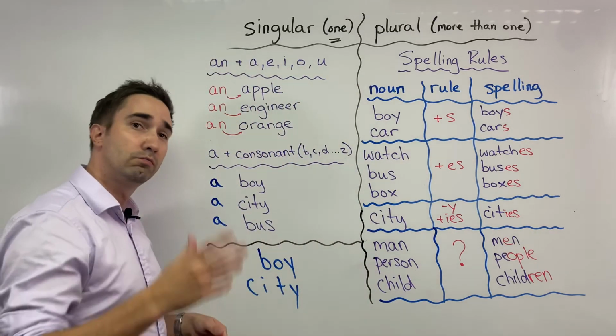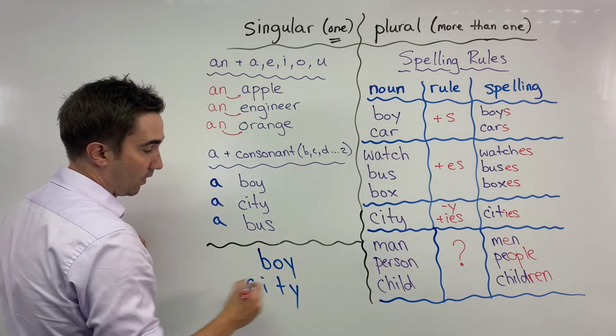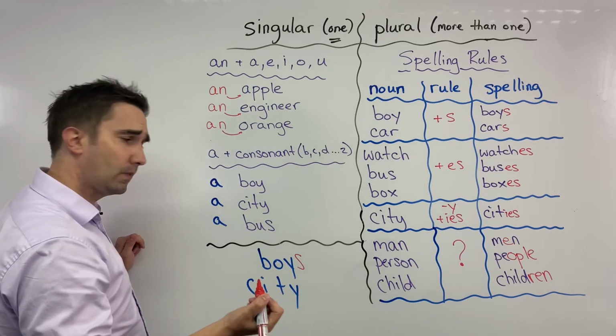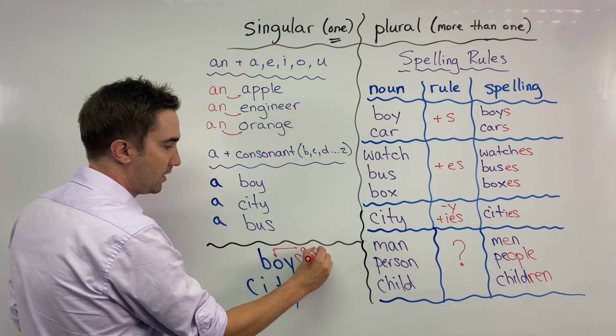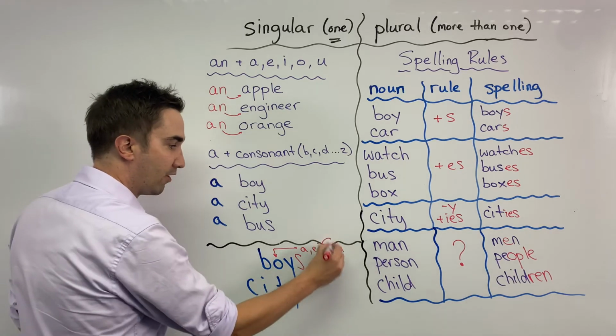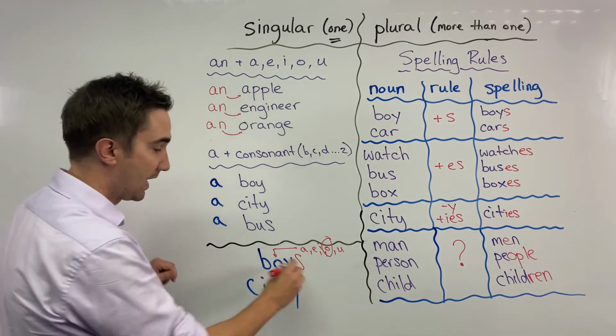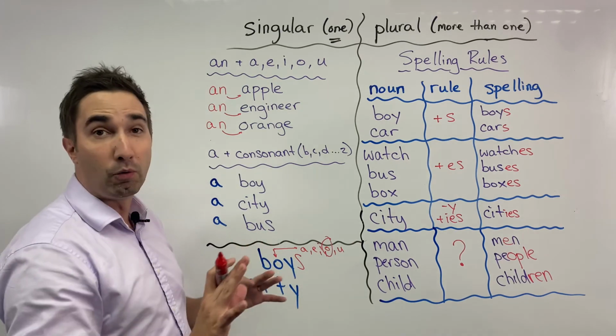All right. If you know the answer, you can stop the video and put it in the comments below. If you don't, watch. All right, so B-O-Y, all right? Then we add S. Now, why is that? Okay, because we have A-E-I-O-U. Here we have an O, so we just add S. But a T is not a vowel, okay?